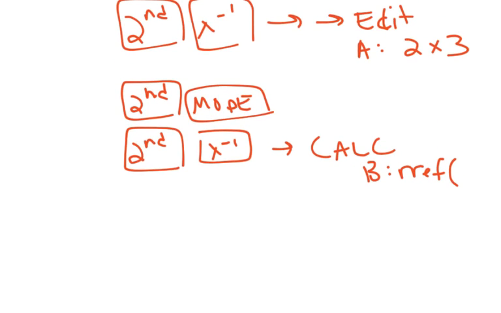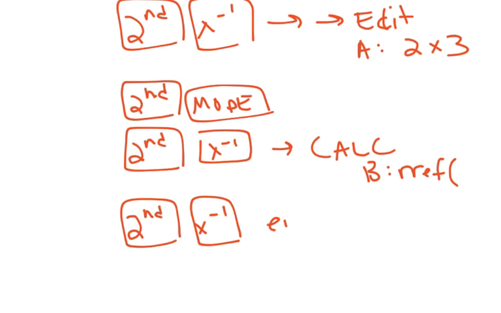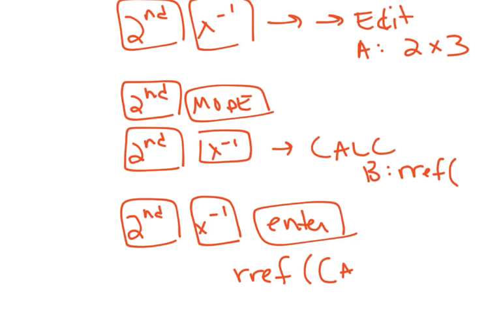That will then pop up on your home screen, and you'll need to go into matrix a third time and just stay where you are on names and hit enter. So that now your home screen says RREF, open parentheses, A. You can close the parentheses if you want. You don't have to. You can hit enter.